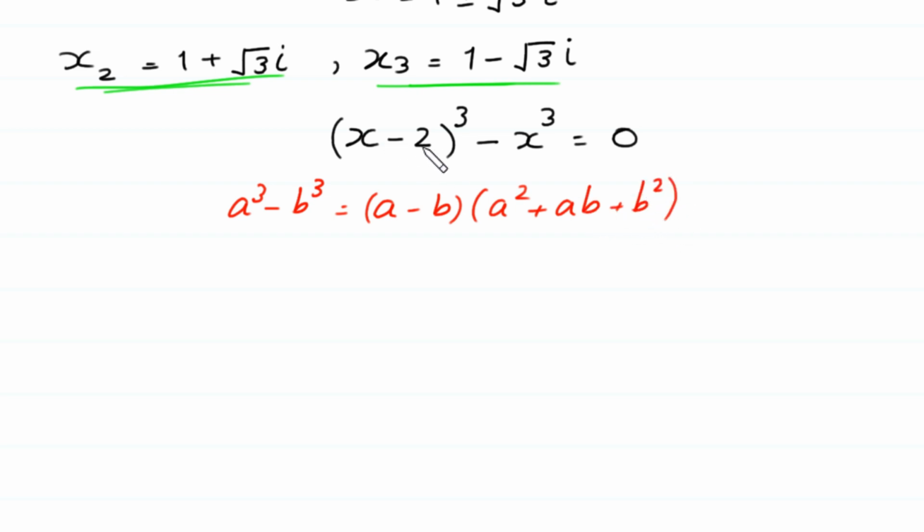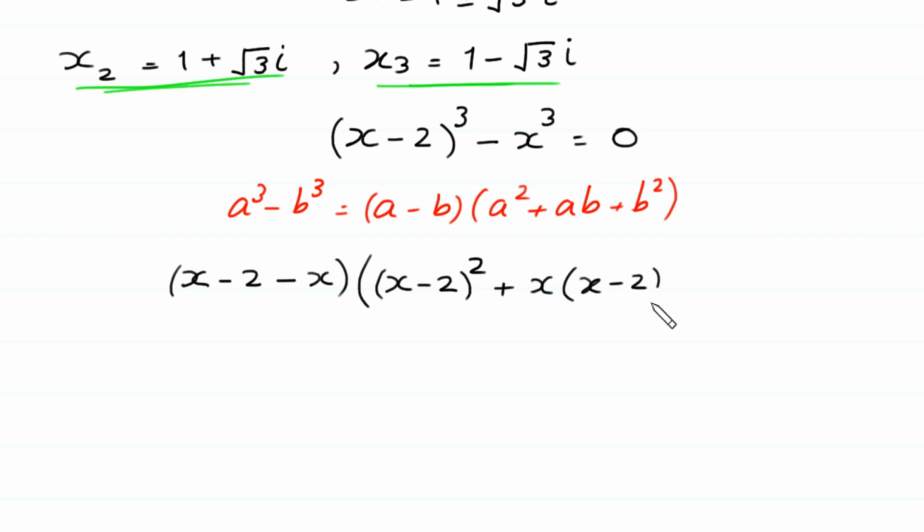So x minus 2 whole cubed minus x cubed is equal to x minus 2 minus x times x minus 2 squared plus x times x minus 2 plus x squared is equal to 0.